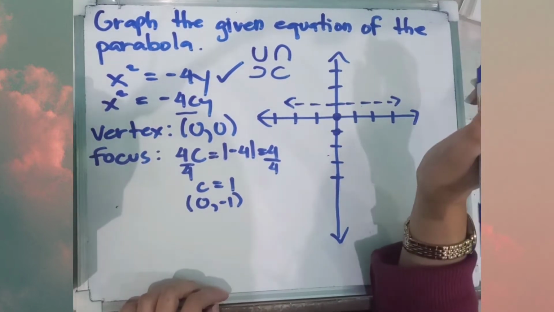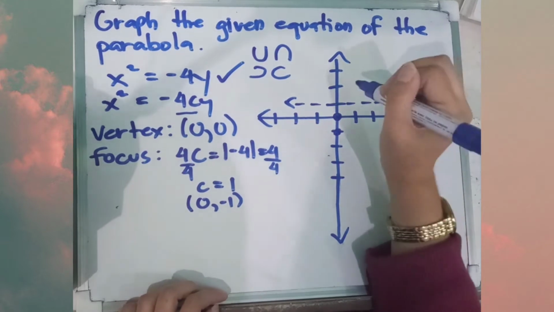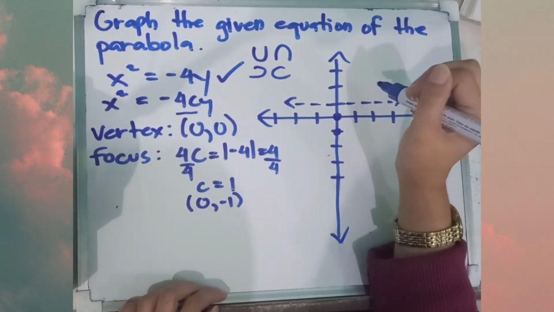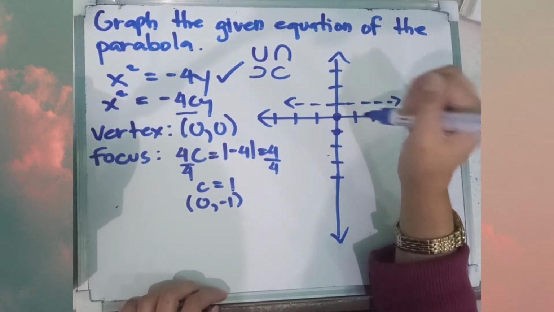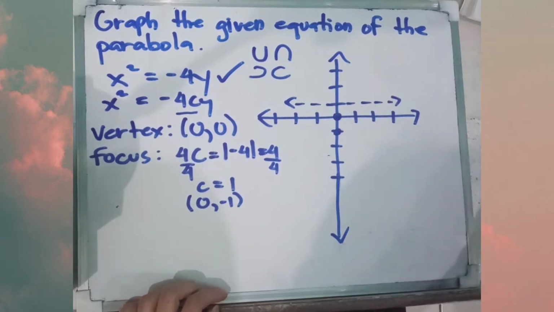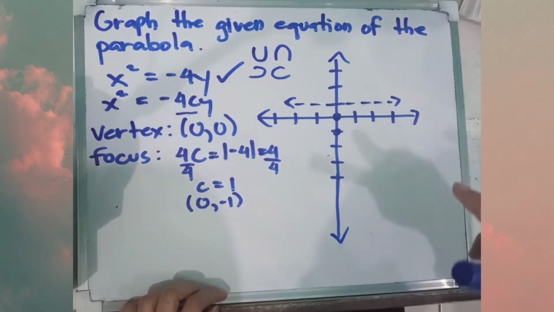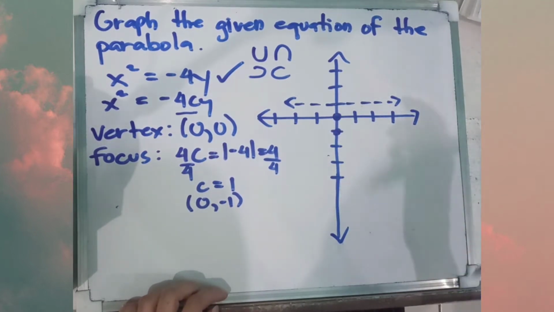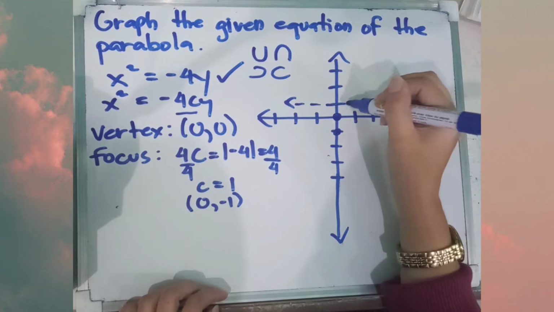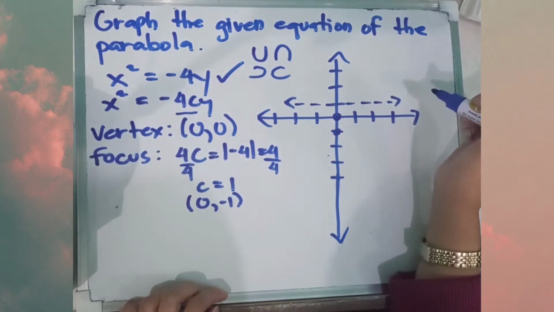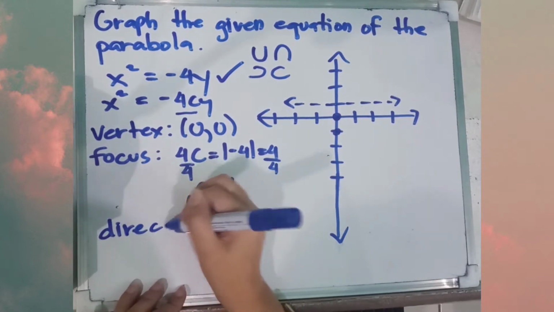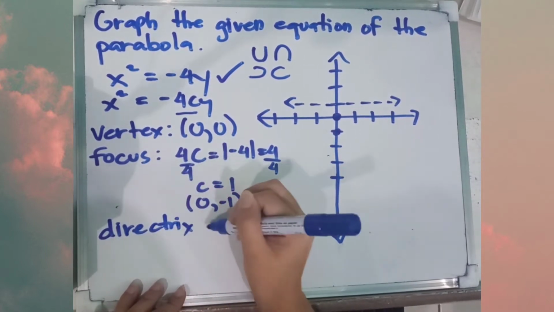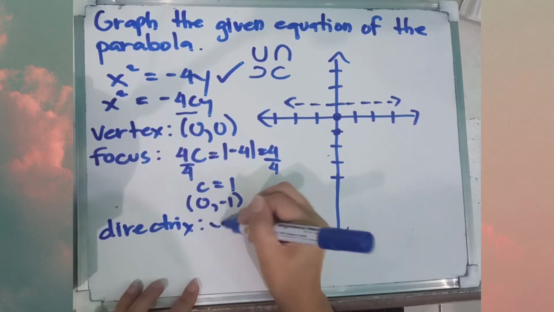Take note, the directrix is not a point, it is a line, because by definition, a parabola is the set of all points that are equidistant from a fixed point and a fixed line. Since that's a line, we can denote the directrix by y is equal to 1.